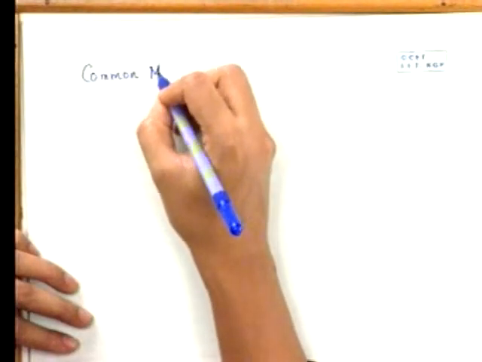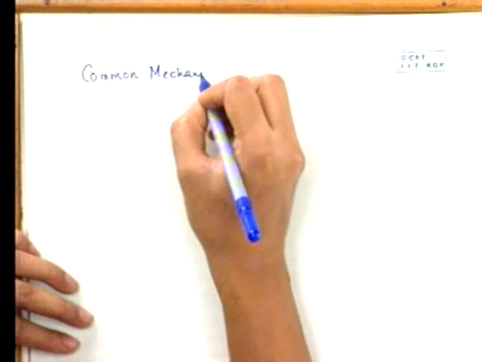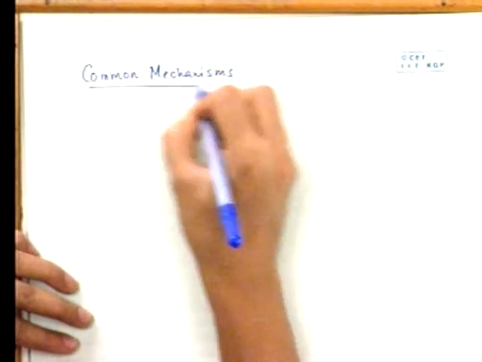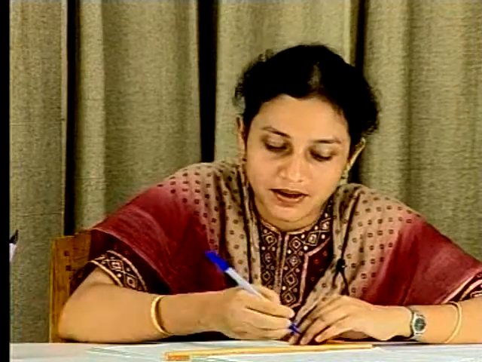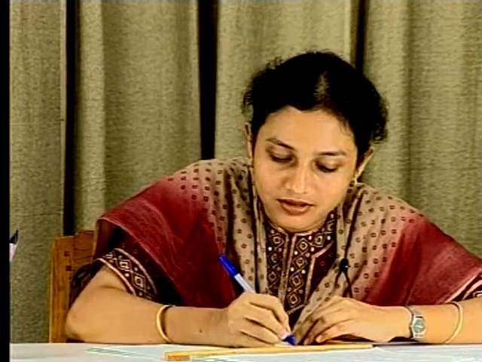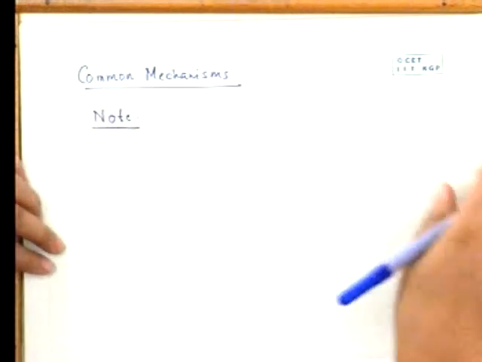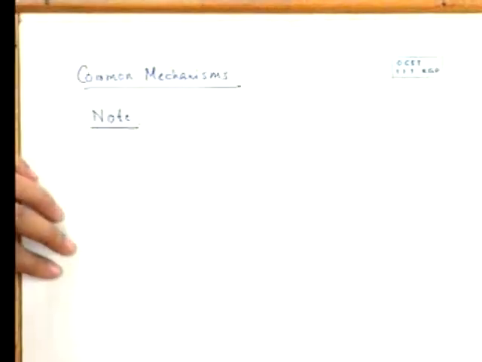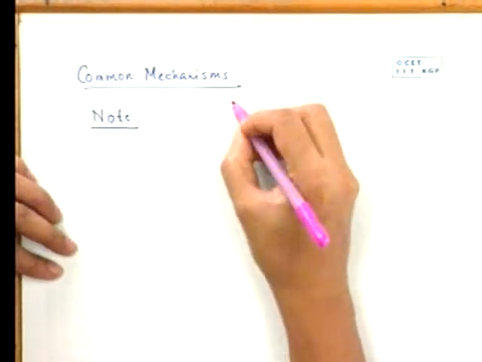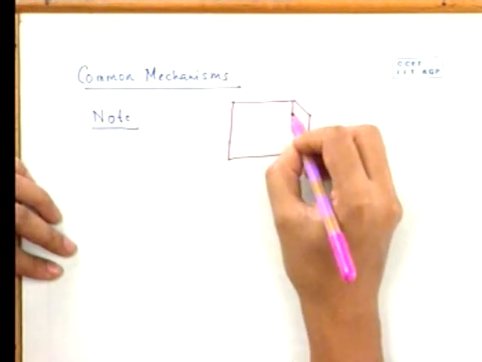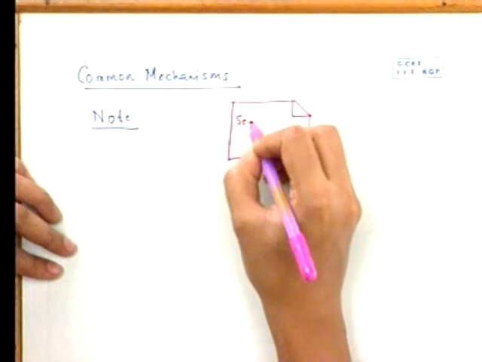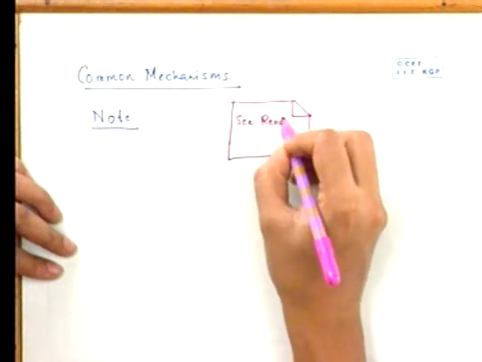So UML uses some common mechanisms, and the most important kind of common mechanism used throughout UML is what is called a note. A note is represented by a dog-eared rectangle, and the comments are written within this rectangle.